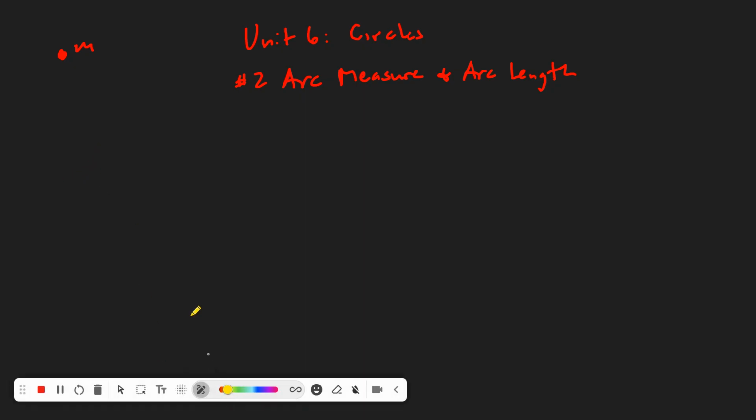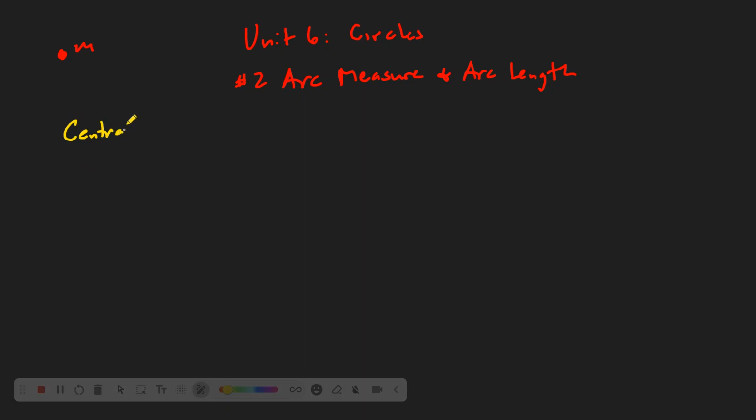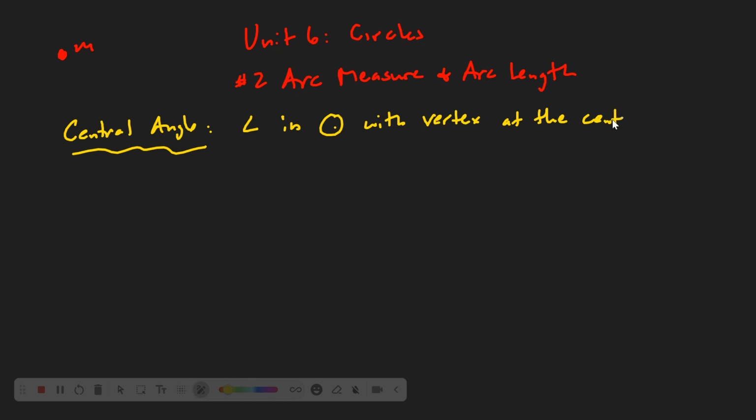And this angle is called a central angle.